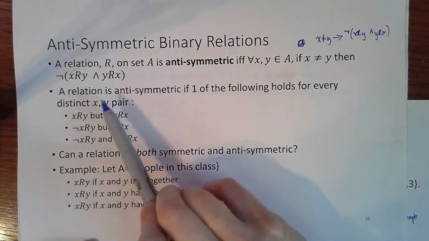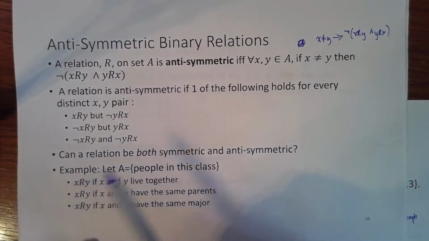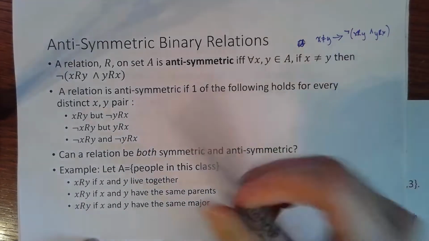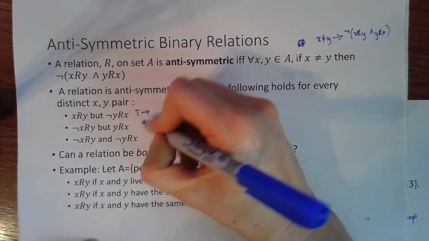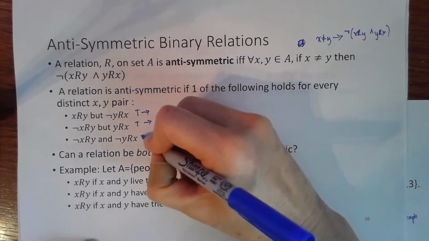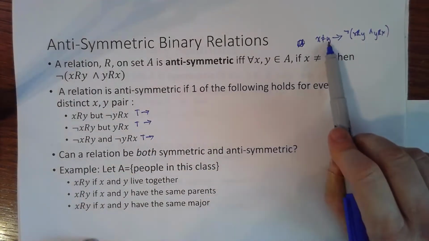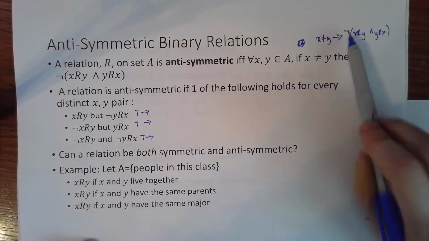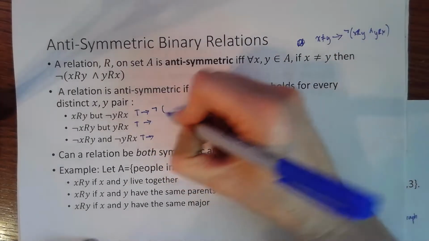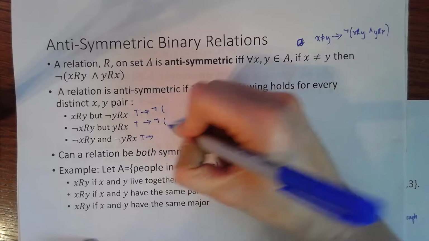As long as we have a distinct pair, we have true implies something for each one of these. If we're talking about a distinct pair, then x is not equal to y. So over here I have not and then something.